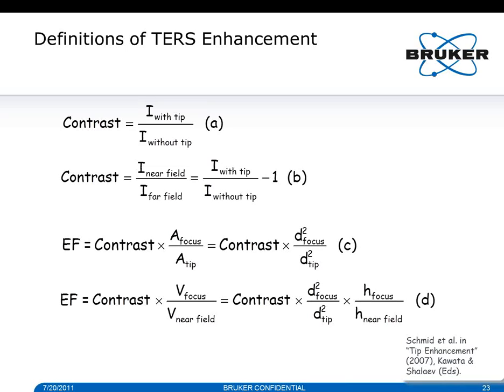Now, if you want to go a little bit into enhancement, what's the actual enhancement factor, then you have to take into account either the differences in area, so between the far field focus and the area underneath the tip, or you have to take into account the volume. So again, watch out when you see field enhancement numbers.